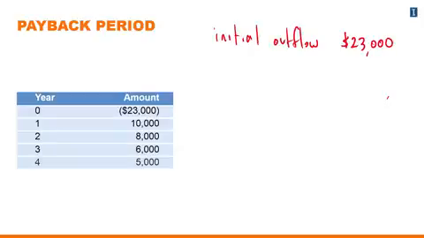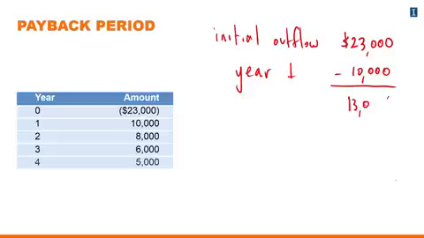And the payback period is telling us how long, in terms of number of years it takes, to recover that initial outflow. Well, in year 1, we recover $10,000 of it, meaning that at the end of year 1, we have yet to recover $13,000 of that initial investment.